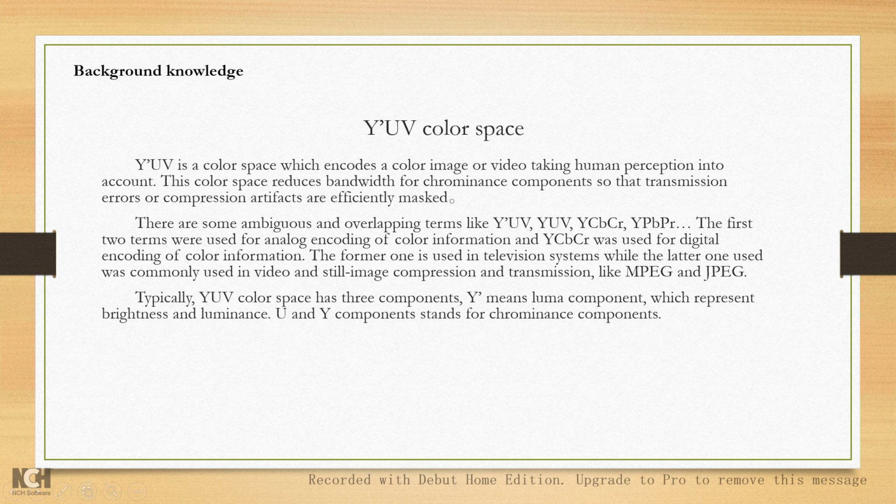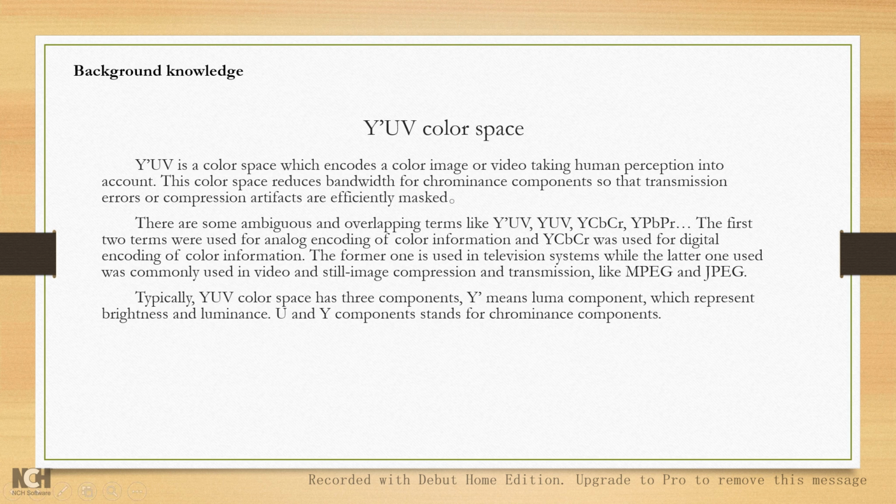So, like I said before, I want to transform the RGB color space to YUV color space in order to adjust the brightness and contrast. So what is YUV color space? This color space can encode a color image or video taking human perception into account. It reduces the bandwidth for chrominance components so that transmission errors or compression artifacts are efficiently masked.